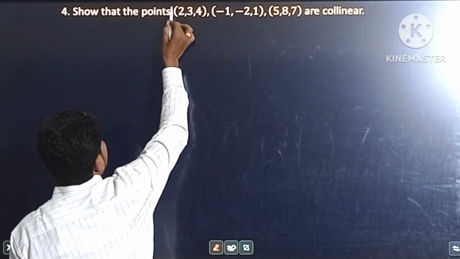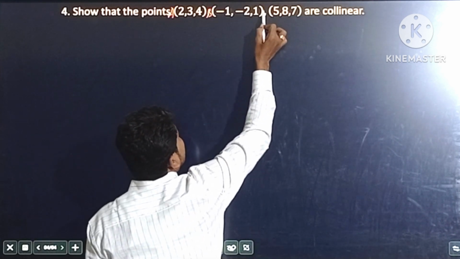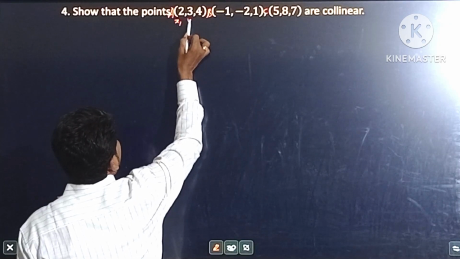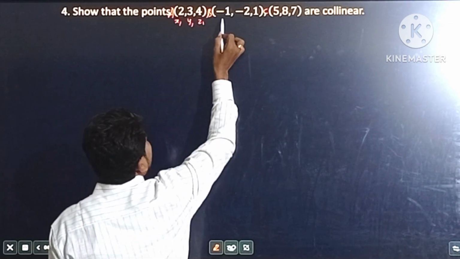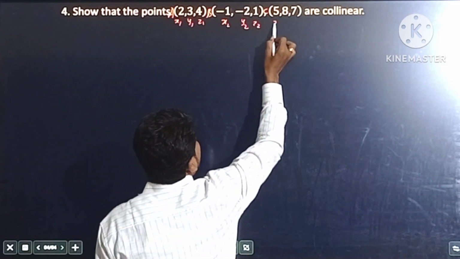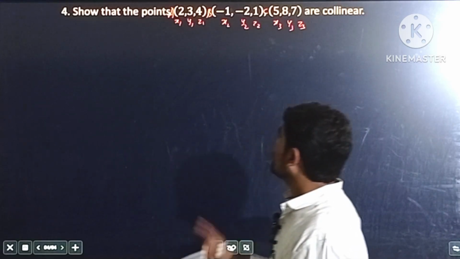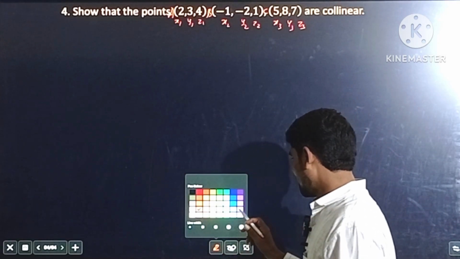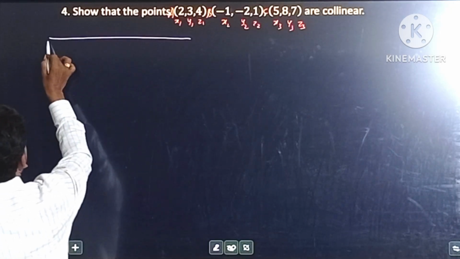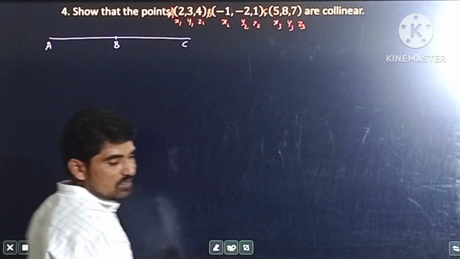So let's say the first point is point A, the second point is point B and the third point is point C. Let the coordinates of the first point be x1, y1, z1, the second point x2, y2, z2 and the third point x3, y3, z3. Collinear in the sense we need to prove that these 3 points A, B and C lie on the same line.